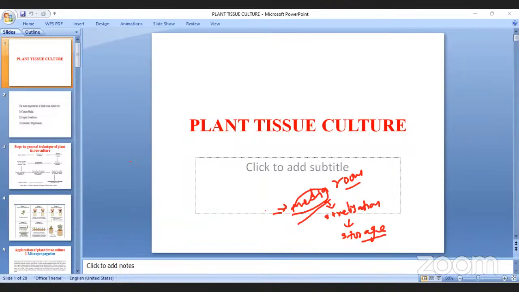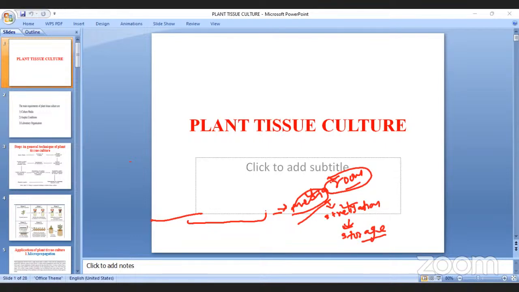In laboratory organization, first we maintain a proper clean room for media preparation, sterilization, and storage after sterilization. Next, facilities for washing of labwares, explants, and so on.